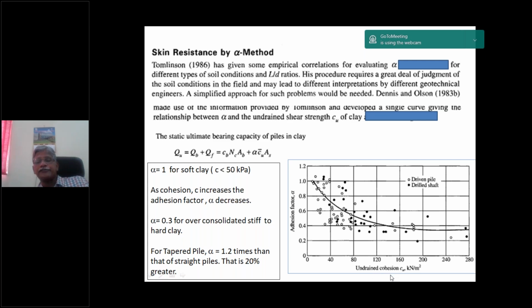For the known value of undrained cohesion C, you draw a vertical line so that it will cut the curve somewhere, and draw a horizontal line. Whatever alpha it gives, this alpha is required to be substituted in this formula. So this is called the alpha method for the estimation of load carrying capacity in case of piles.